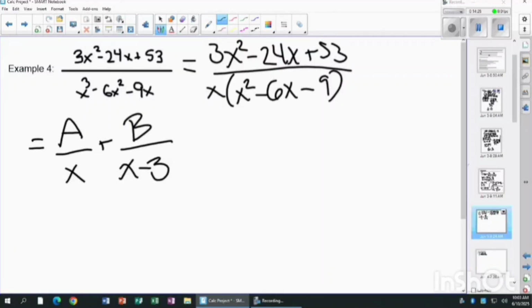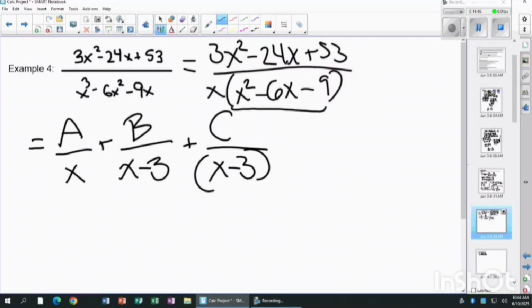Oh, sorry. When you factor this, it's x minus 3 squared. So the denominator is really x times x minus 3 squared. So it's a over x plus b over x minus 3, but then it's plus c over x minus 3 squared. And then you have to multiply by the denominator.